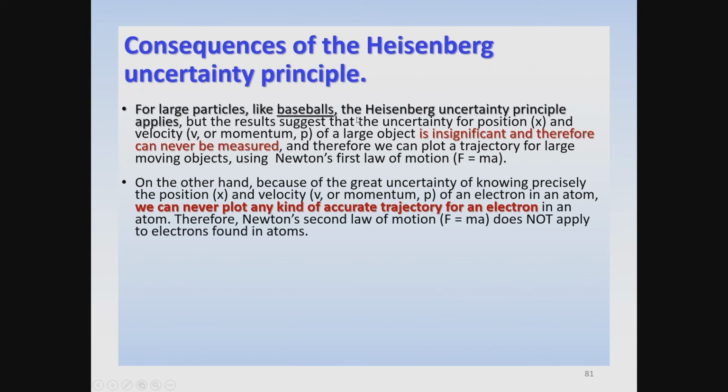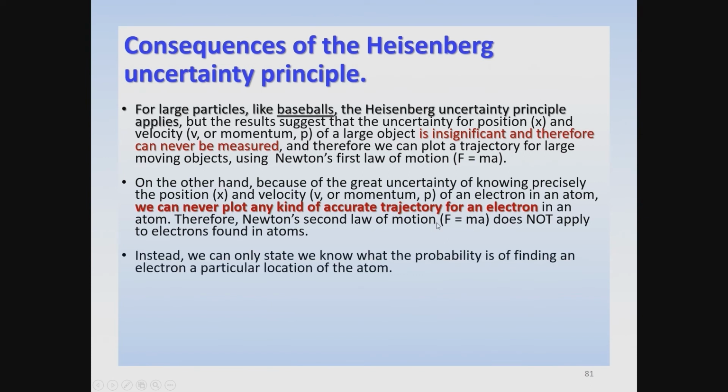So here I have some consequences of the Heisenberg uncertainty principle. What we just saw with the previous problem is that when we're dealing with baseballs, the laws of quantum mechanics, including the Heisenberg uncertainty principle, do apply to baseballs.